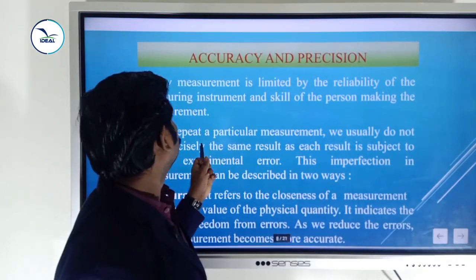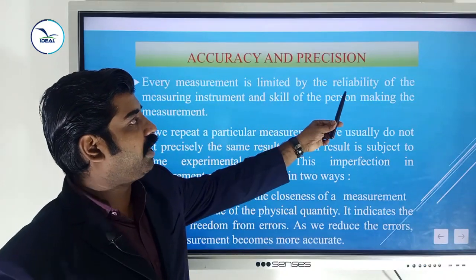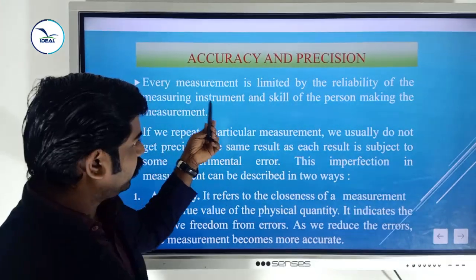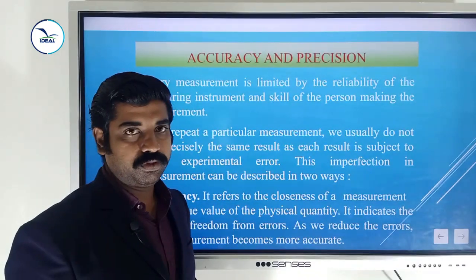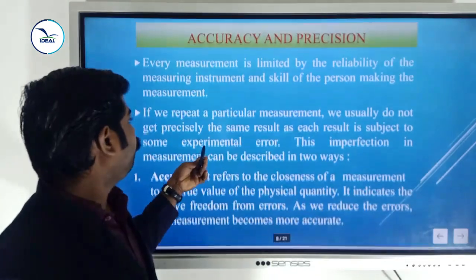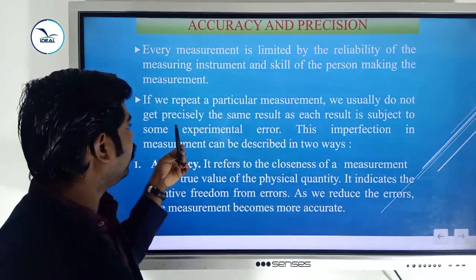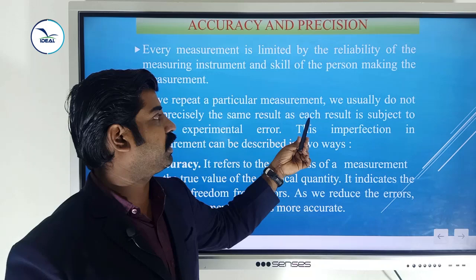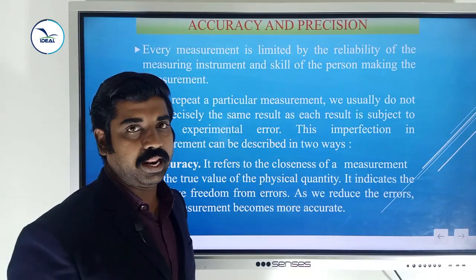So accuracy. Every measurement is limited by the reliability of the measuring instrument and the skill of the person making the measurement. Then if we repeat a particular measurement, we usually do not get precisely the same result, as each result is subject to some experimental error.